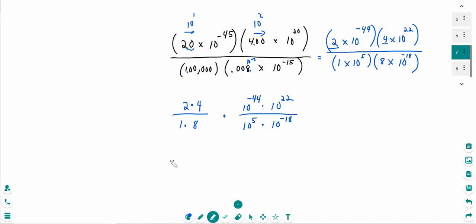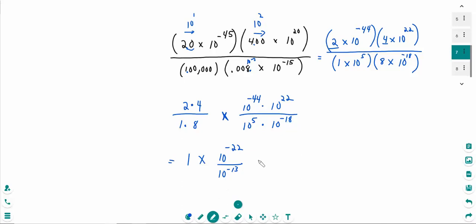So once again, we end up with just 1, and I'm going to change this sign to the other multiplication sign. And we have 10 to the negative 44 times 10 to the 22. Well, that's going to be 10 to the negative 22 over 10 to the 5th times 10 to the negative 18th, 10 to the negative 13th.